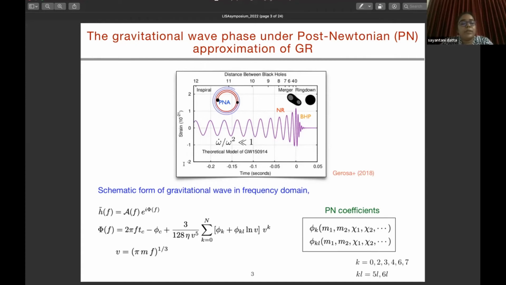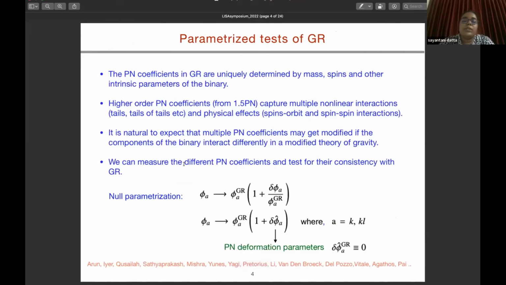Both the amplitude and phase can be expanded in powers of v/c, which is what is shown here. The phi k and phi kl are called the post-Newtonian coefficients, and these are all functions of the intrinsic parameters of the binary, for example, the mass, spins, and so on. These post-Newtonian coefficients are quite rich in structure, and multiple nonlinear interactions and physical effects can enter in multiple post-Newtonian coefficients.